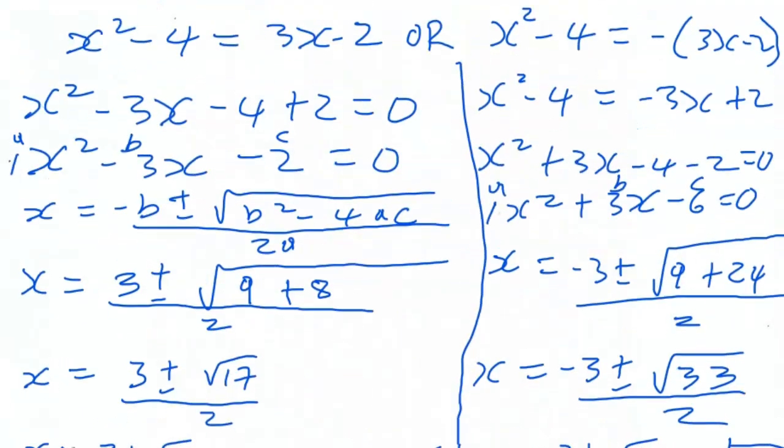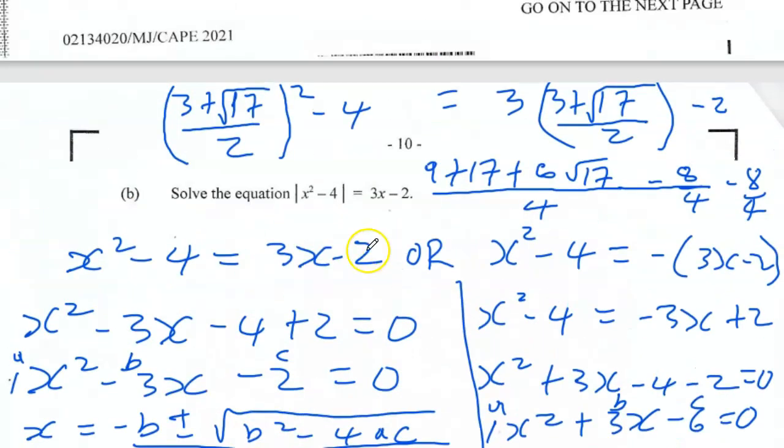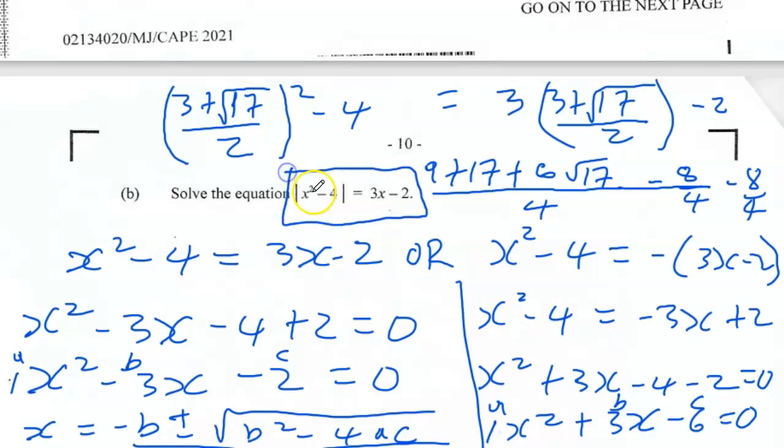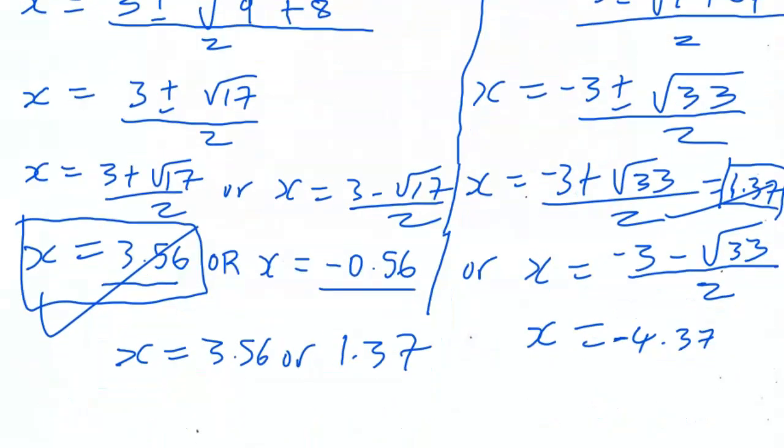Sometimes these can be a little bit tricky. You always have to try the values in the original equation. And if the 4 values were calculated, only 2 values would work: 3.56 and 1.37. The ones with the negative values will not work. Just the positive.